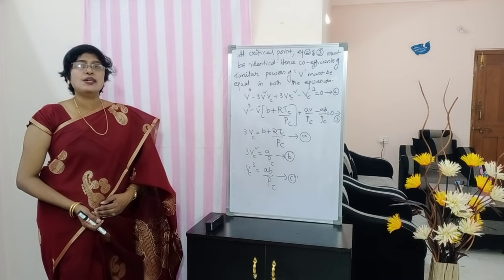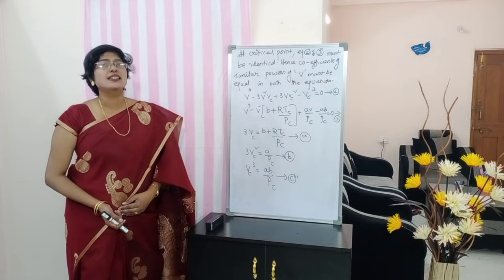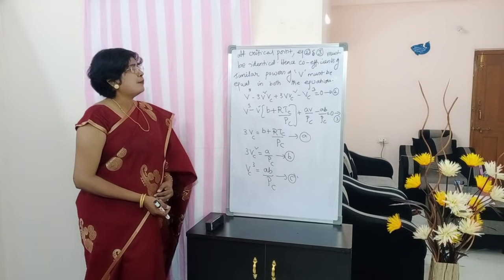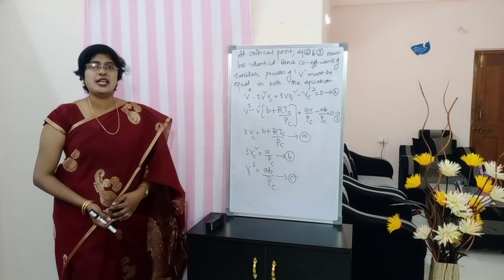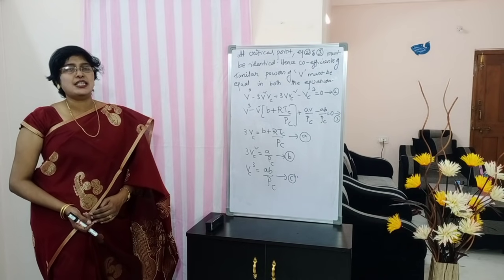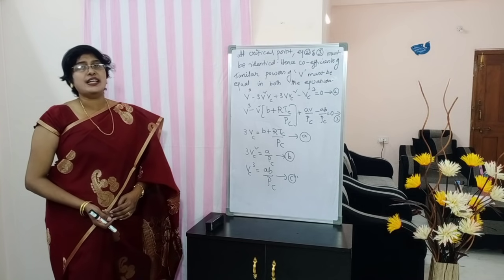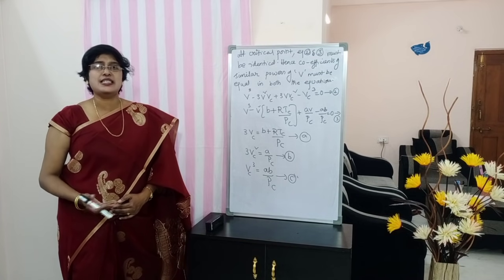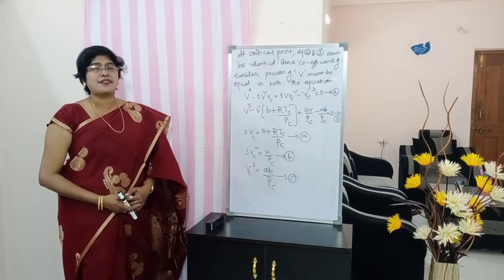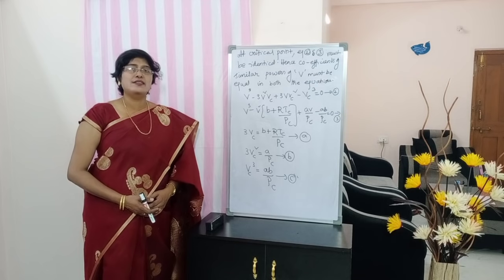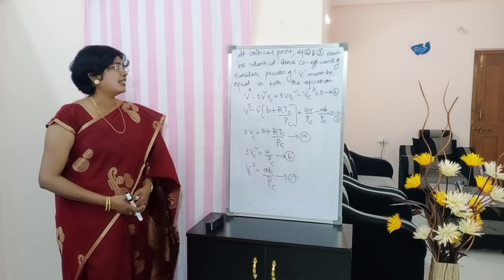So now look at equations 2 and 3. Please below that write down: at the critical point, equations 2 and 3 must be identical. Why? Because now we are concentrating at critical conditions. V is equal to Vc, T is equal to Tc and P is equal to Pc. So at critical conditions, equations 2 and 3 must be identical.